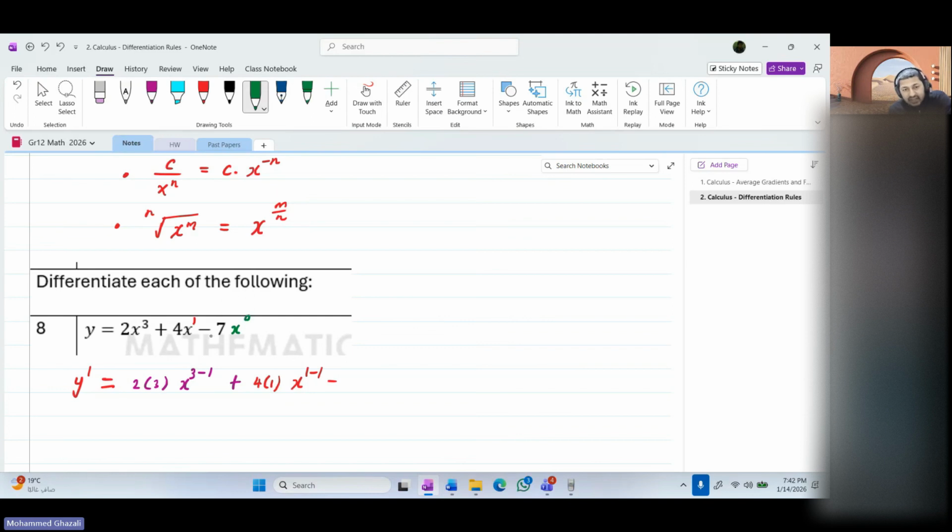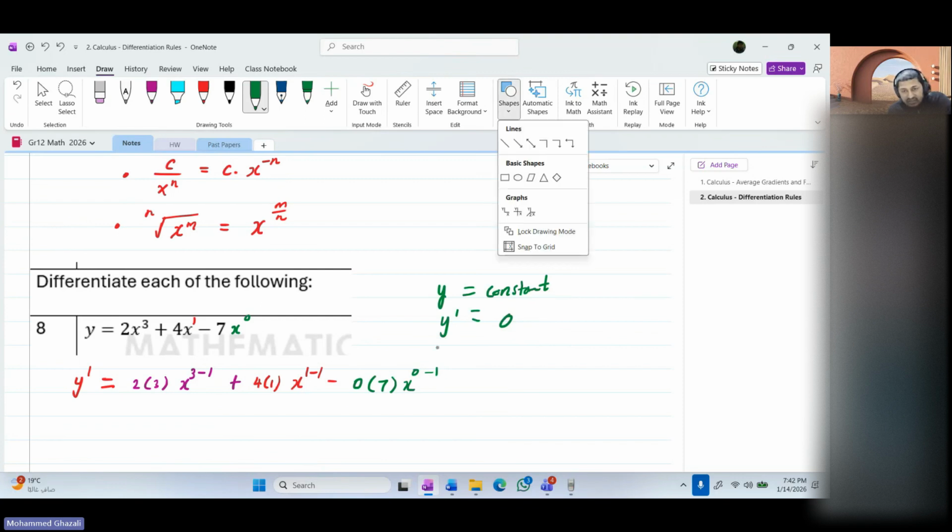So you're going to say 0 times 7, that is just 0, and you're going to say x to the power 0 minus 1. Well, that falls away. So we learned something very important, that the derivative of a constant is equal to 0. So if y is equal to a constant, the derivative of a constant is always 0. Very important. So you can see from this example here, that's what we have learned.